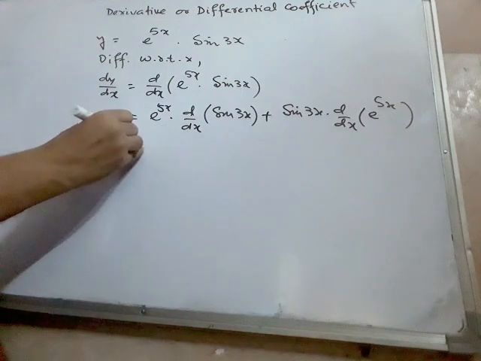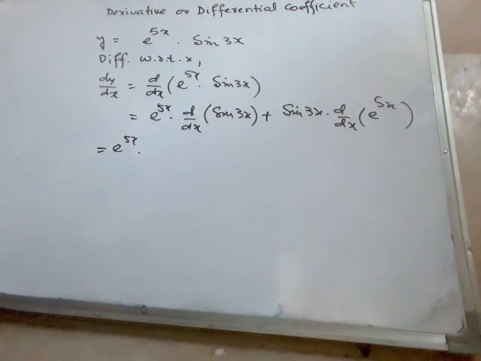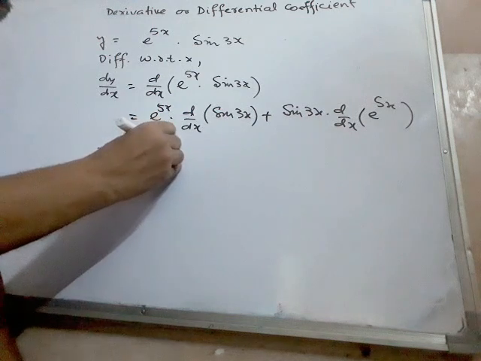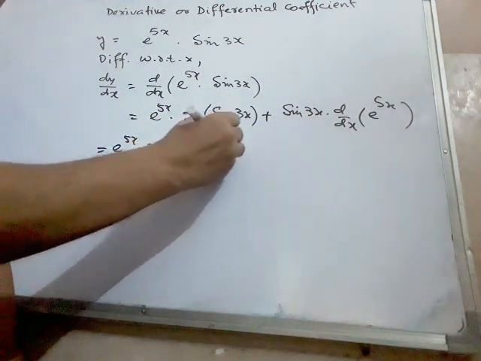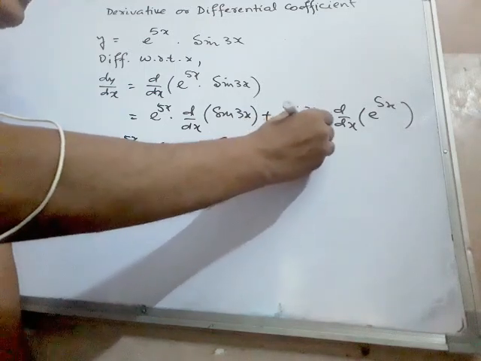So e to the power 5x into derivative of sine 3x. The derivative of sine mx is m cos mx, so 3 cos 3x, plus sine 3x into 5e^5x.